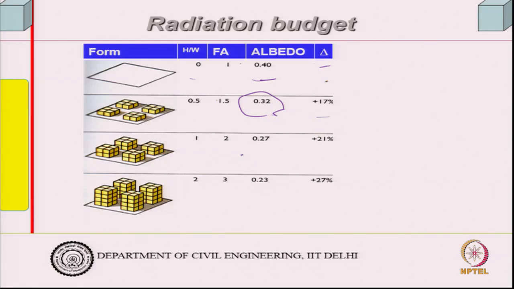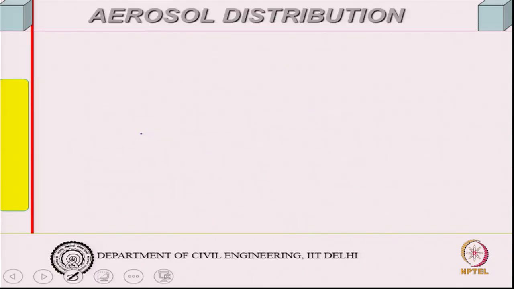If you have more buildings, there will be more absorption, further absorption. That is how an urban area tends to absorb heat. Sun's radiation received here, of course, shows shadow. The sun's radiation received here will be reflected back, mutual reflections and all that, long wave radiation. So, the net effect will be something of this kind.